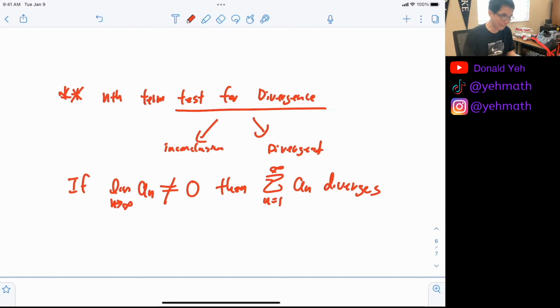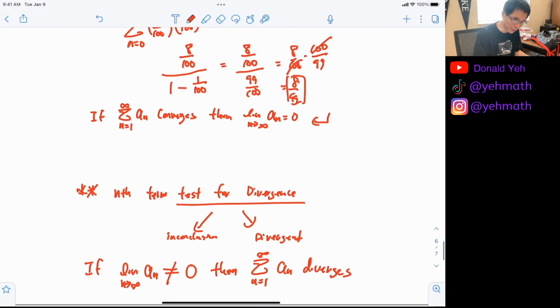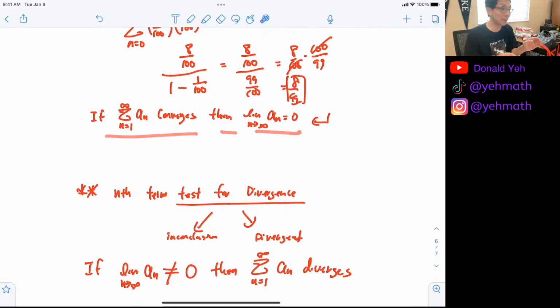But if it equals 0, it does not mean convergence. Do you realize if it converges, then this is true, right? But if the limit of a_n equals 0, it just means inconclusive. The divergence test does not prove it's divergent.